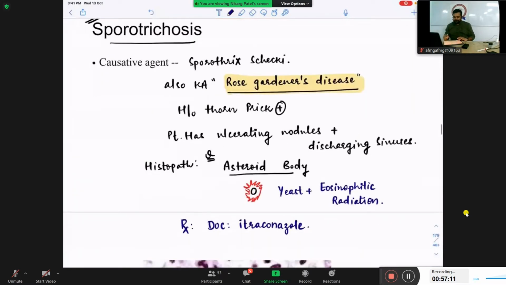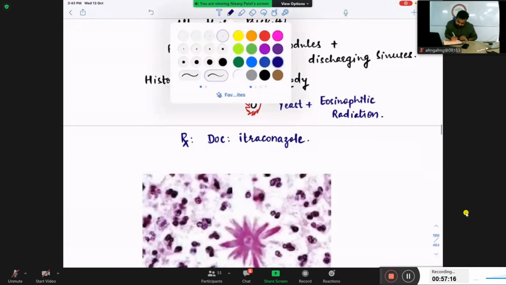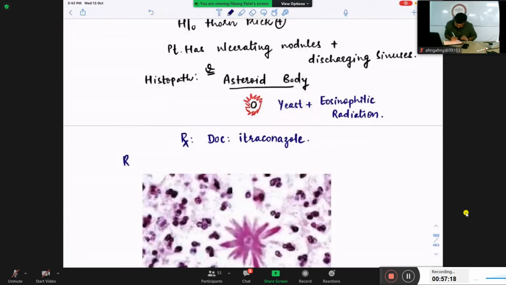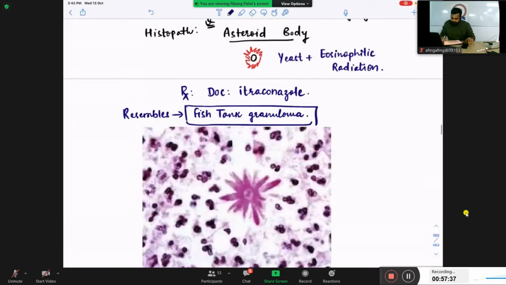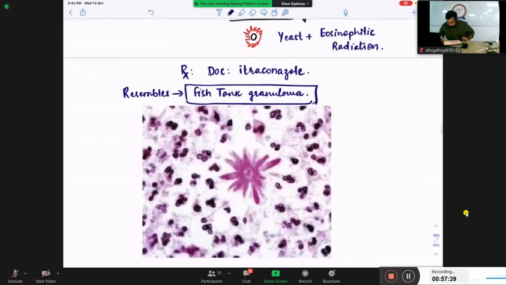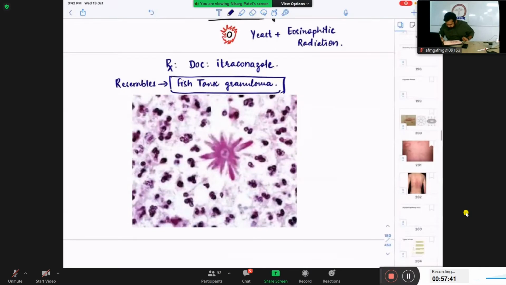This also resembles fish tank granuloma.